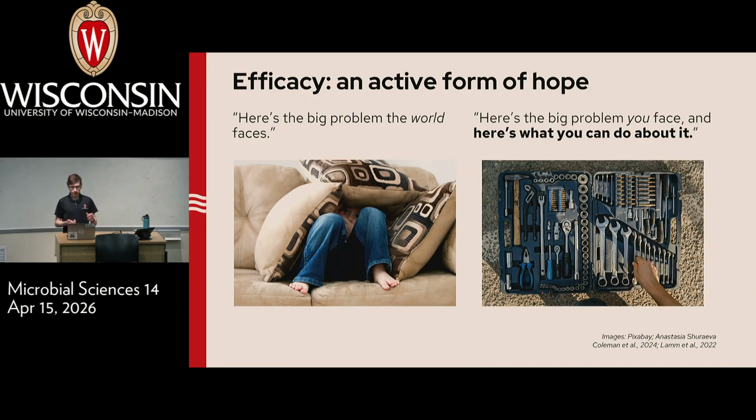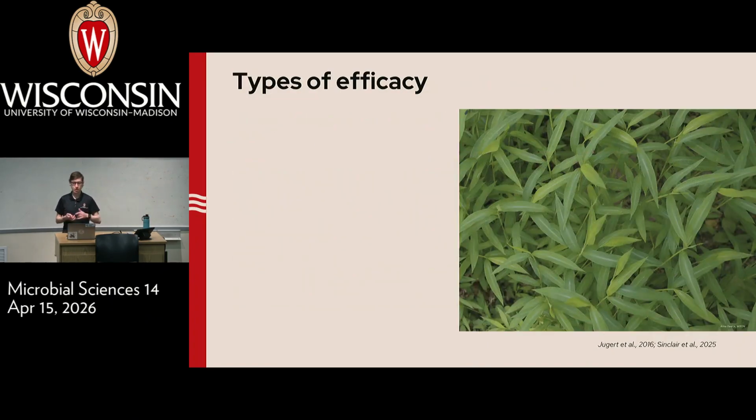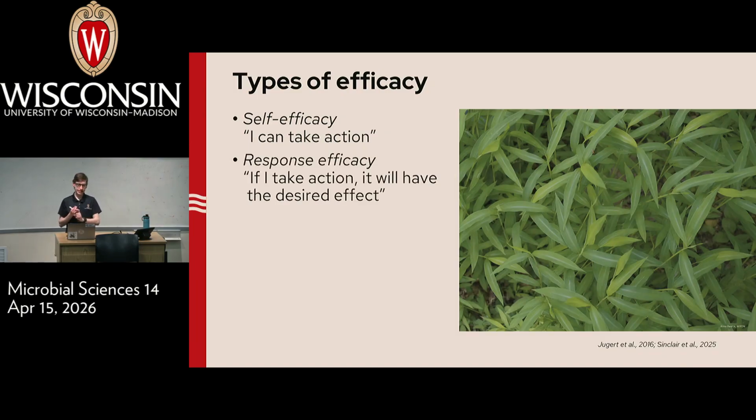Now, I want to just touch on a few different types of efficacy that are all relevant, and sometimes the line between them is blurry, but I think it's helpful to at least know that these are different concepts. So self-efficacy is the notion that I can take action. So we want people to feel like I know how to identify stiltgrass and I know how to report it. Response efficacy: if I take action, it will have the desired effect.